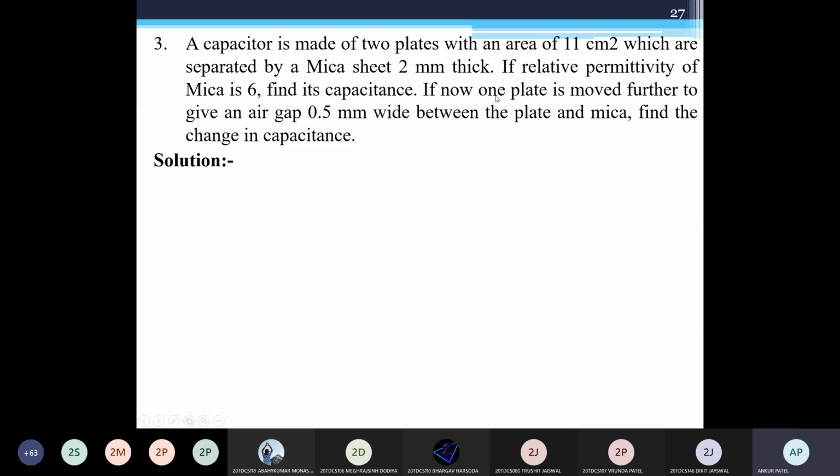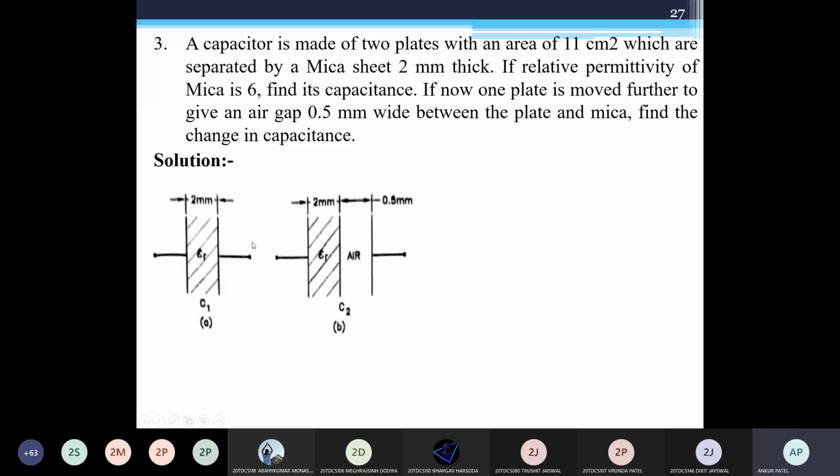So what is it called for the second case? Partly air medium. So here we have to find the capacitance for both cases. Suppose you want to show it in a diagram, then it can be drawn like this. For the first case, we have only this mica sheet, which is 2 mm thick.